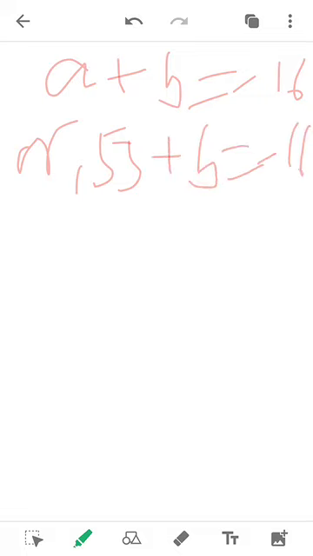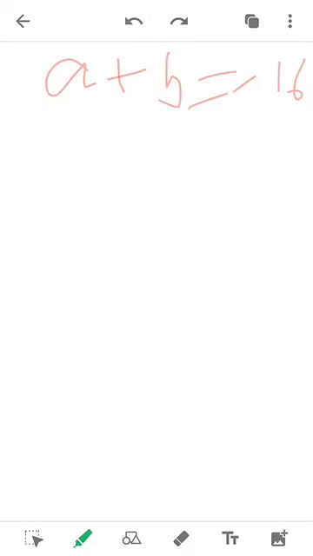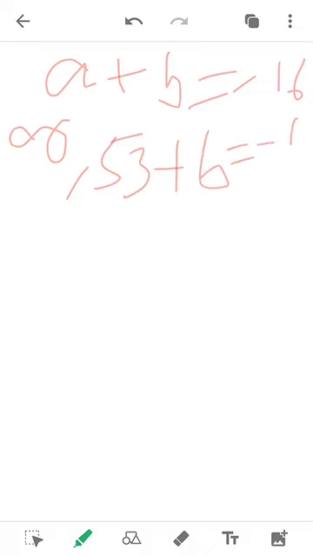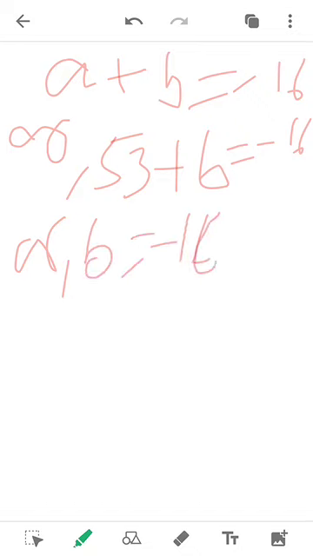So 53 plus b is equal to minus 16. b is equal to minus 16 minus 53.